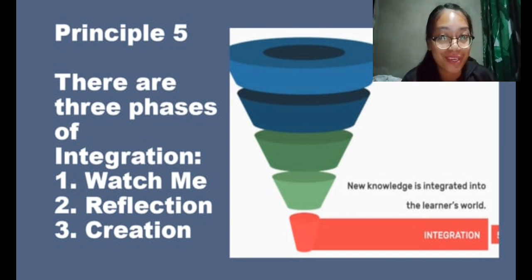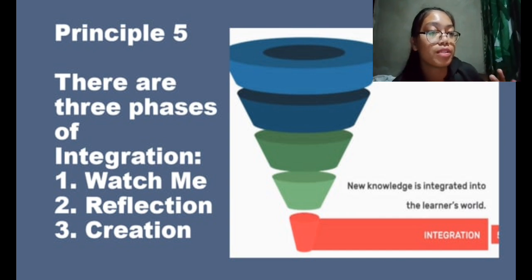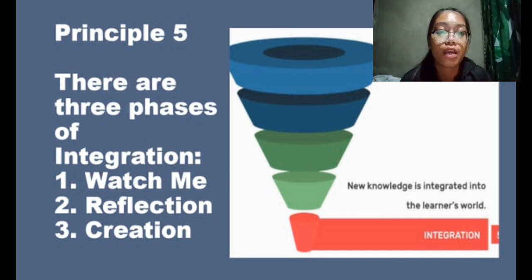When we say watch me, this means that provide opportunities for learners to demonstrate and share their learning. For example, if you are a teacher and you demo how to make a sandwich, your students have the opportunity to imitate what you do.